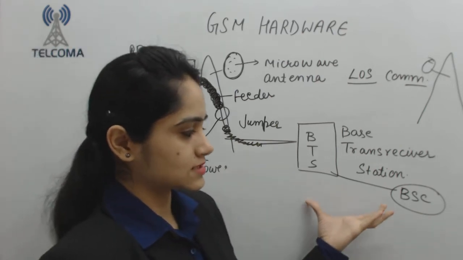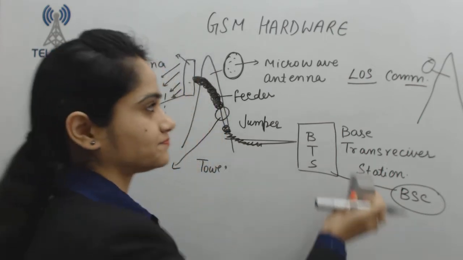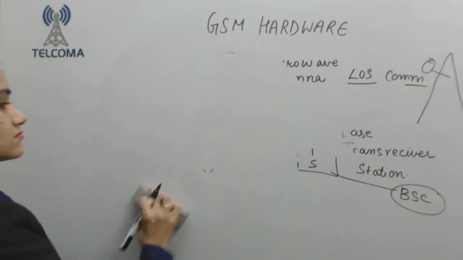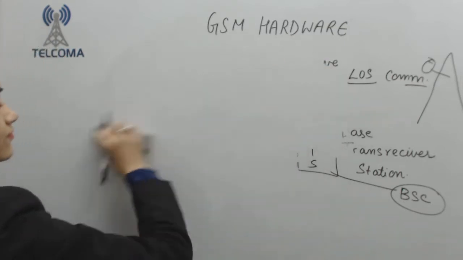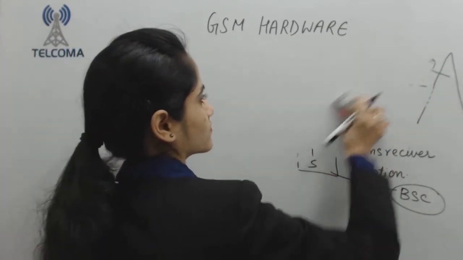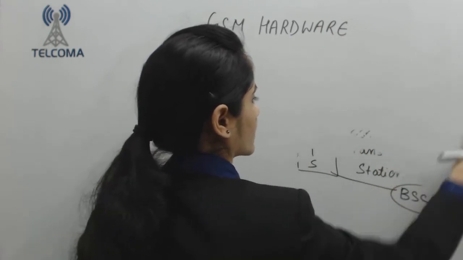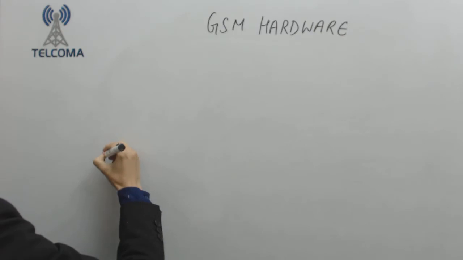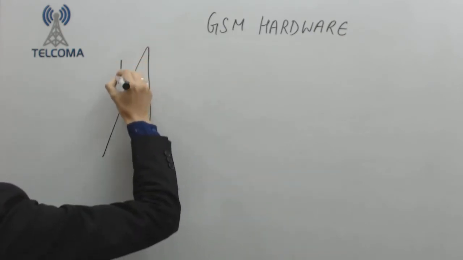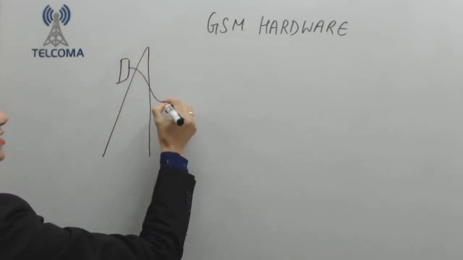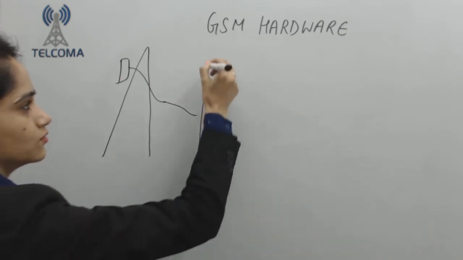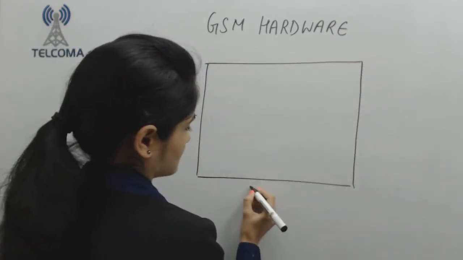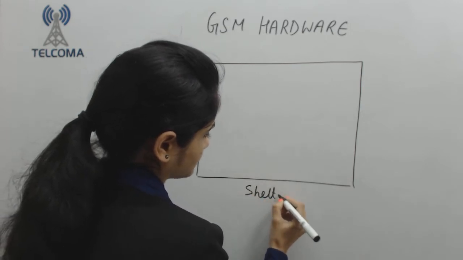Now let's move to this system where we have a BTS. On this tower I have an antenna. This is connected to a room, and this room is known as the shelter room.